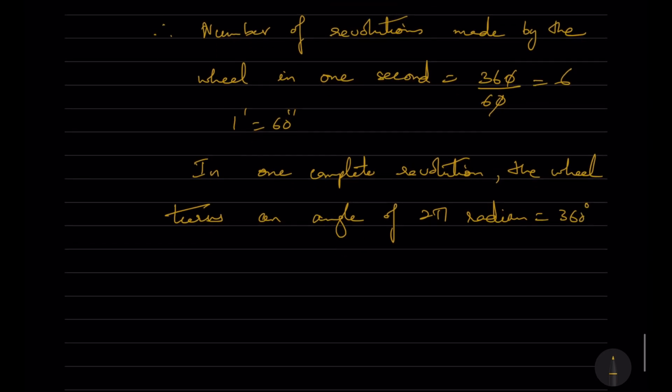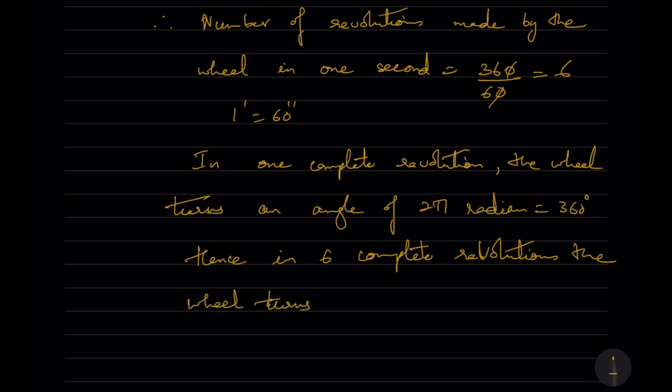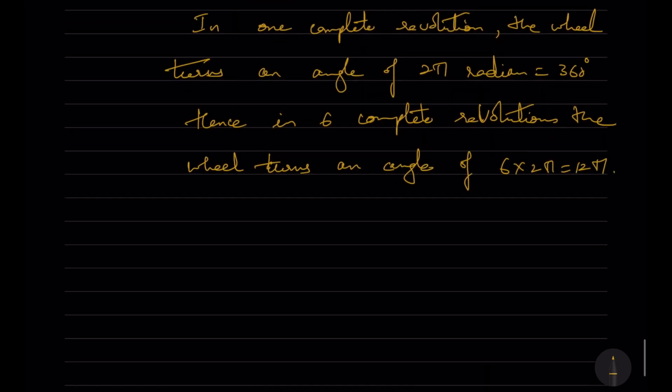So hence in 6 complete revolutions the wheel turns an angle of 6 into 2 pi, which is equal to 12 pi radians.